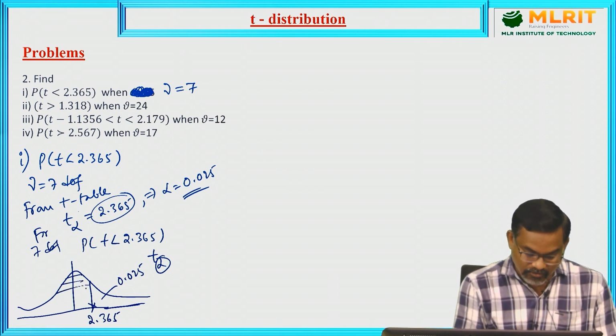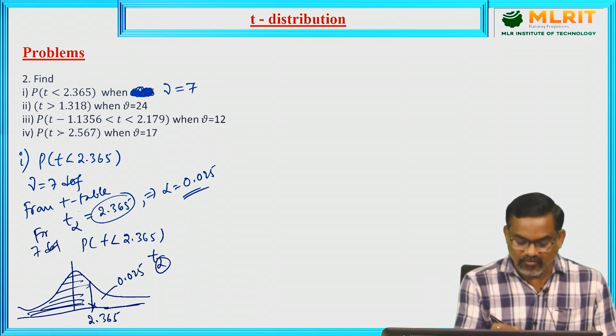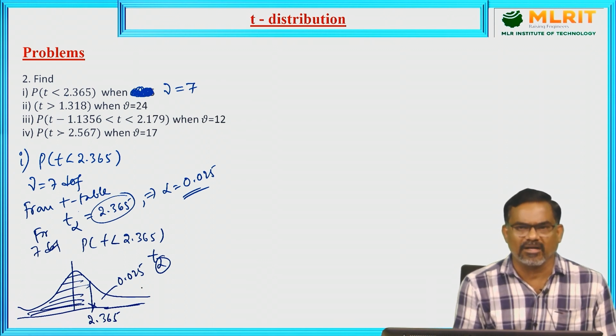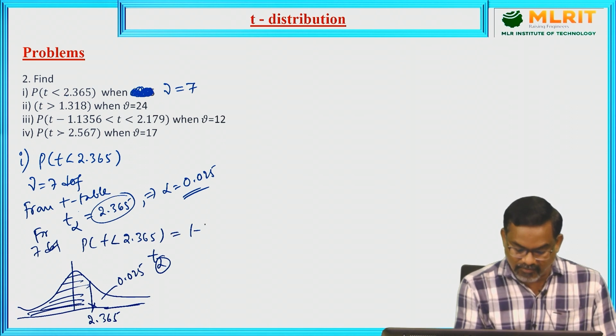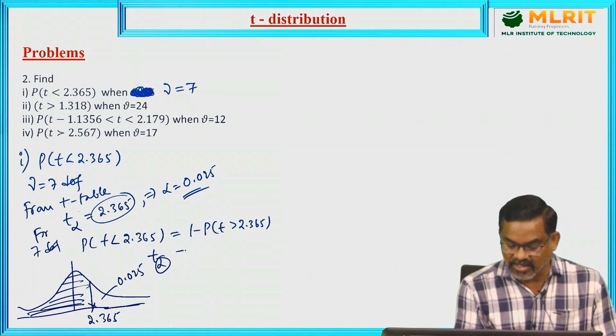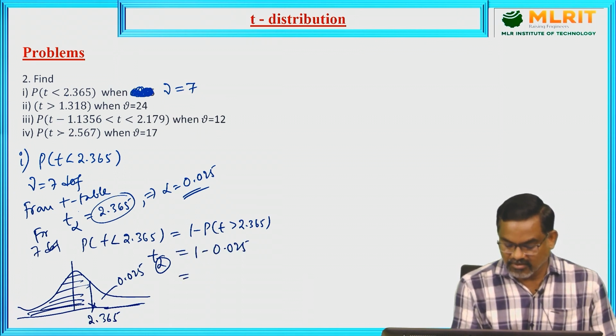So, we need to find this shaded region. We know that the total area under the t curve is 1. This is given by 1 minus probability of t greater than 2.365, which we can calculate from the table as 0.025. So, the answer is 0.975.